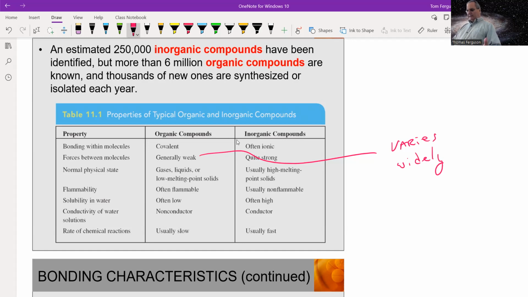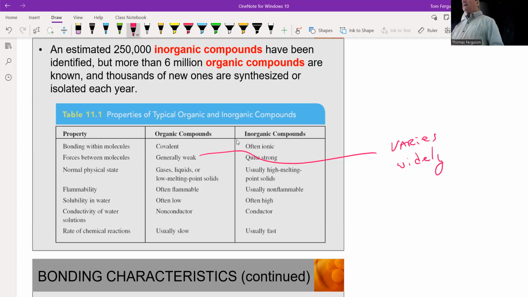Physical state, they tend to be all over the place. Because they're generally nonpolar, they tend to have low melting points and boiling points. So they tend to be more gaseous than an equivalent molar mass of an alcohol, for example. Usually they're flammable, not all of them, but frequently.